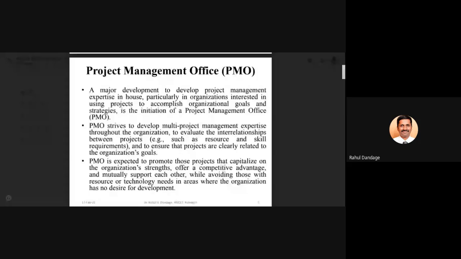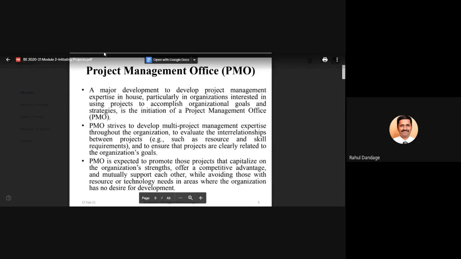Have a proper project management philosophy right from the beginning. When we want to implement the standard project management philosophy right from the beginning of your project, and it should continue throughout the project life cycle, what we say is, we should establish a PMO.